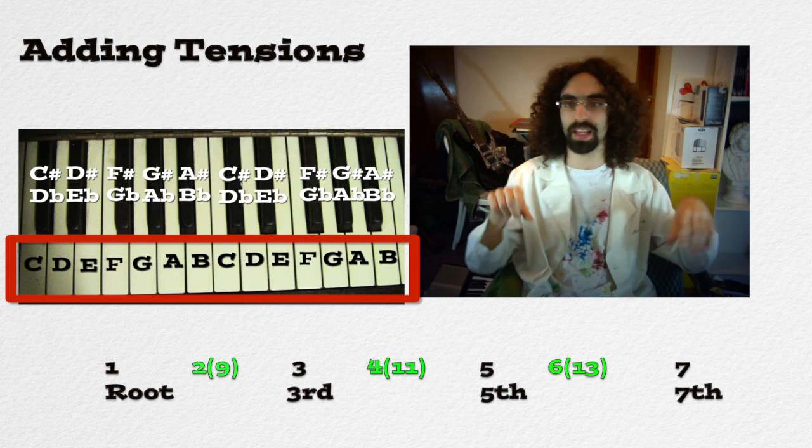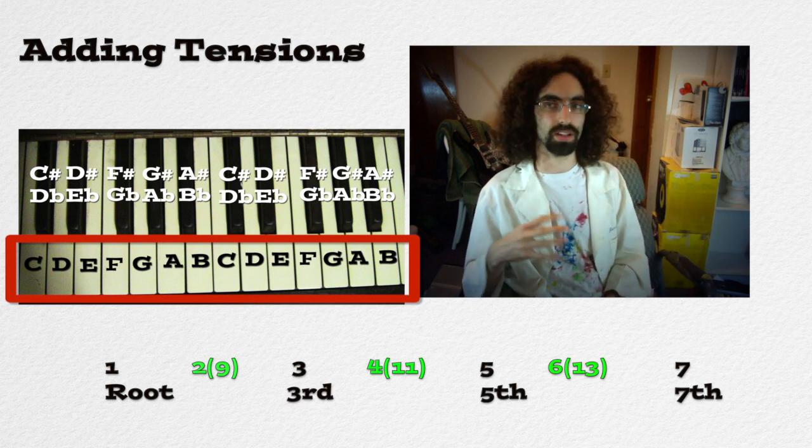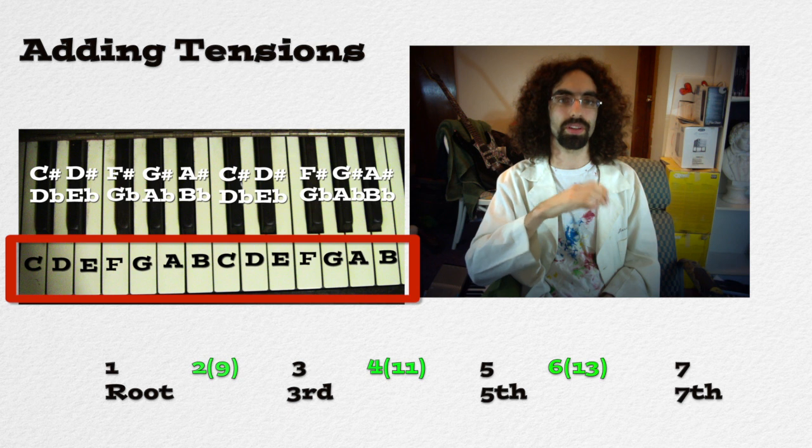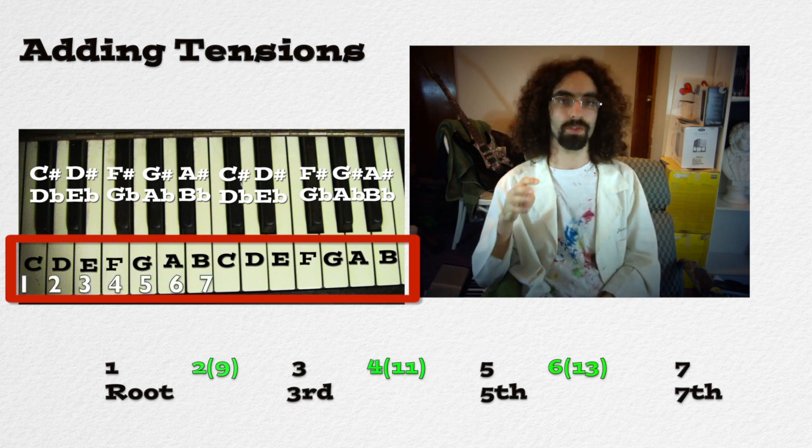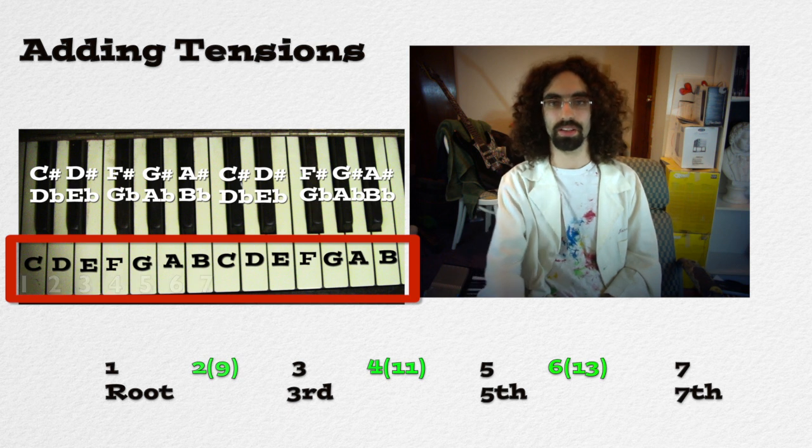So if you look at this piano, you'll see the notes of the C major scale are highlighted. And we number the notes on the C scale, or any major scale, as 1, 2, 3, 4, 5, 6, and 7. And then when we get to the top of the octave again, in this case C again, it's called 8.